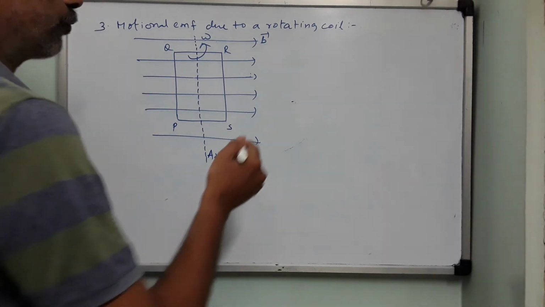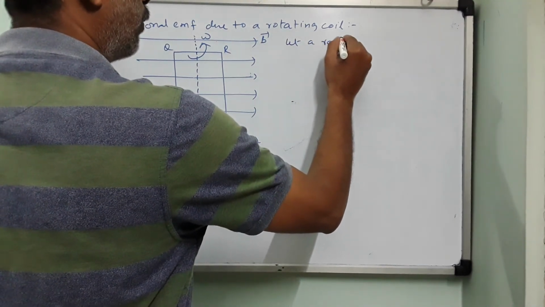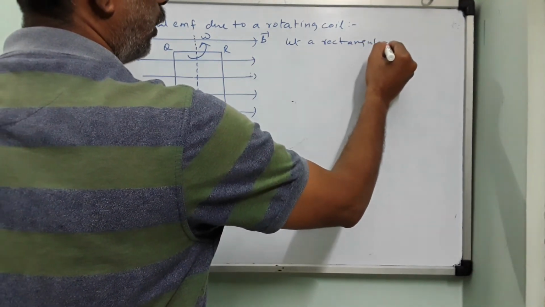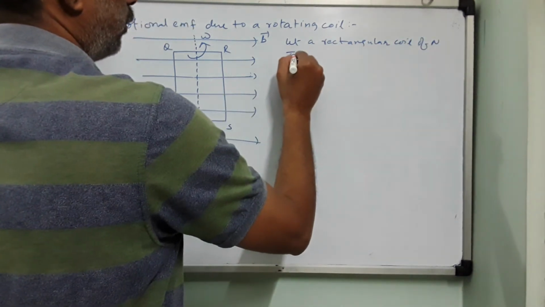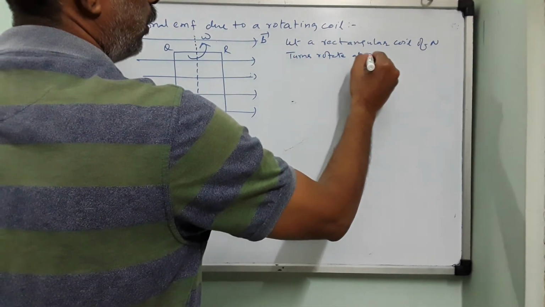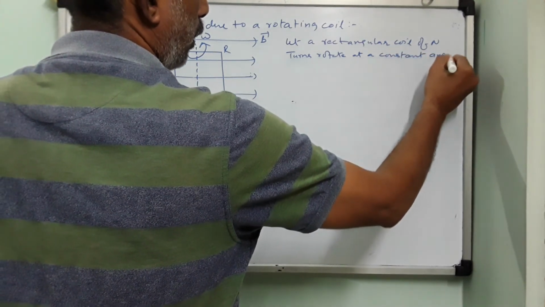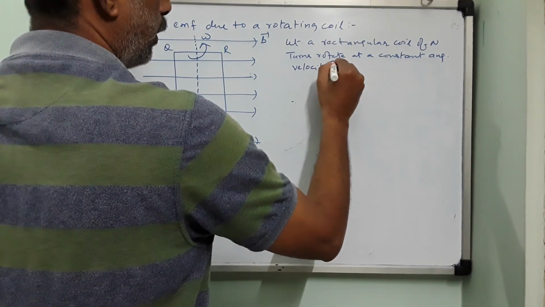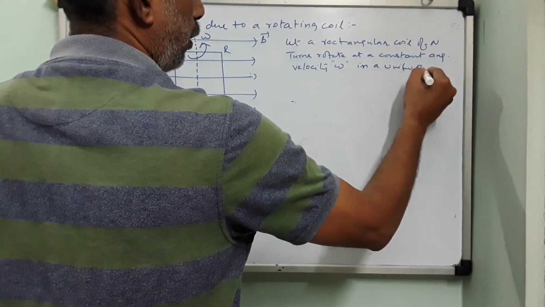So let a rectangular coil, I am writing because I have taken that only, a rectangular coil of n turns, rotate at a constant angular velocity omega in a uniform magnetic field.